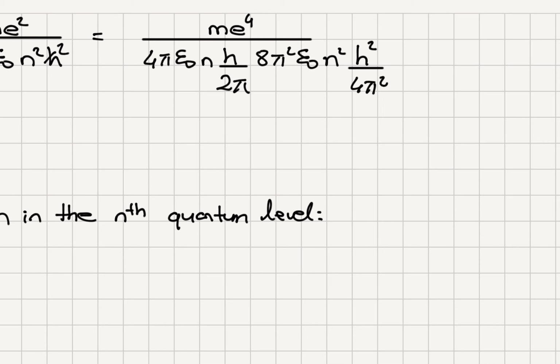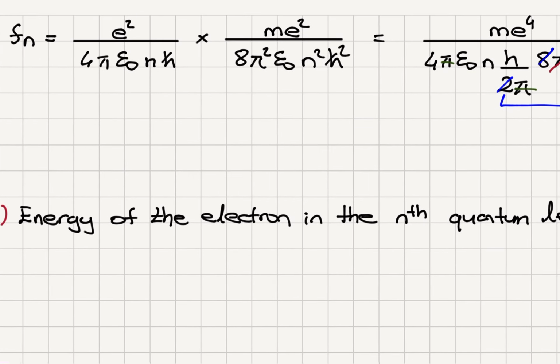Now you can see that this pi squared will cancel this pi squared, and 2 times 4, 8 will cancel this 8, and then I will have 1 pi disappearing from this one. So I will be left with the following answer. The frequency for the nth orbit is mass times electron charge to the fourth power, m e to the fourth power, divided by 4, all the pi's were cancelled.